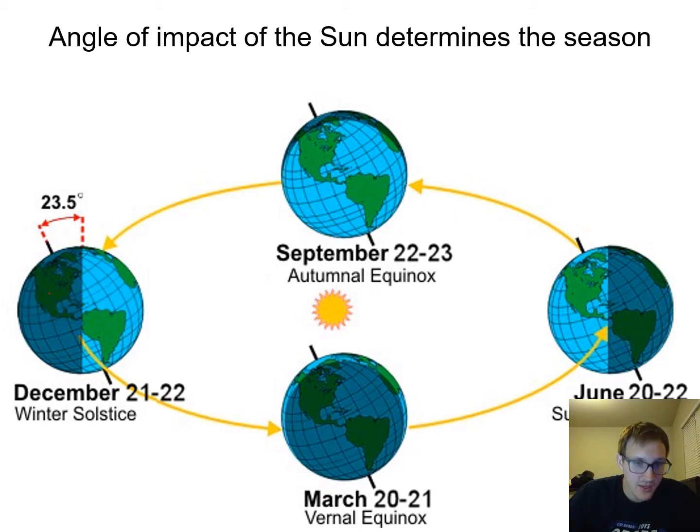Notice that when we spin around this way, we are tilted away. So even when the sun is hitting us, we're way up on this top part of the globe, and South America is going to be really close. That's why in December it's really cold for us and really warm for South America.